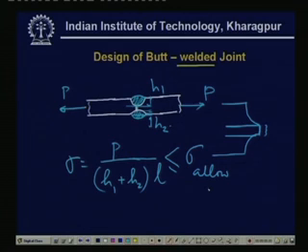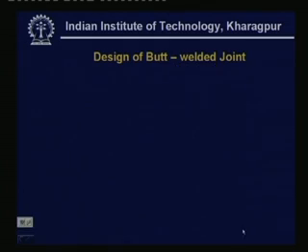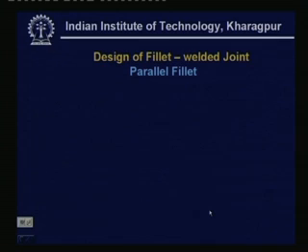Now, the butt welded joint is very simple. When we come to the complicated case, the complication arises because of the typical shape of the weldment. Let us now go to the next topic, that is the design of the fillet welded joint.